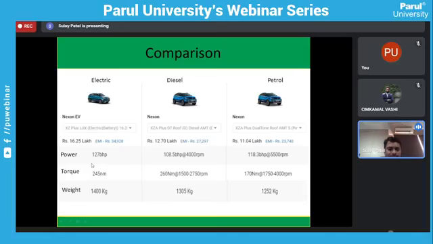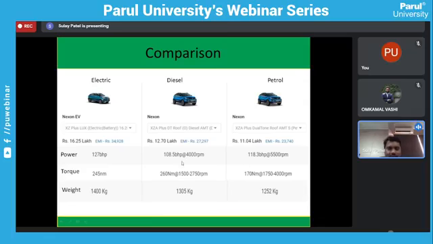In the current scenario, if you are concerned about the environment, then you can definitely purchase this particular vehicle. But if you are concerned about cost and mileage, then if you are traveling almost 20 kilometers per day, the petrol vehicle is beneficial for you.